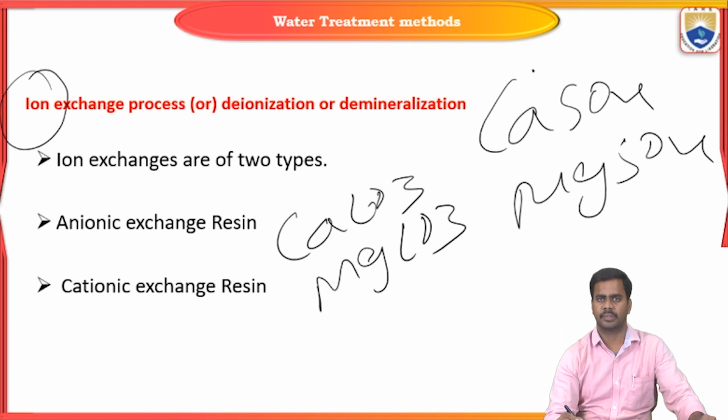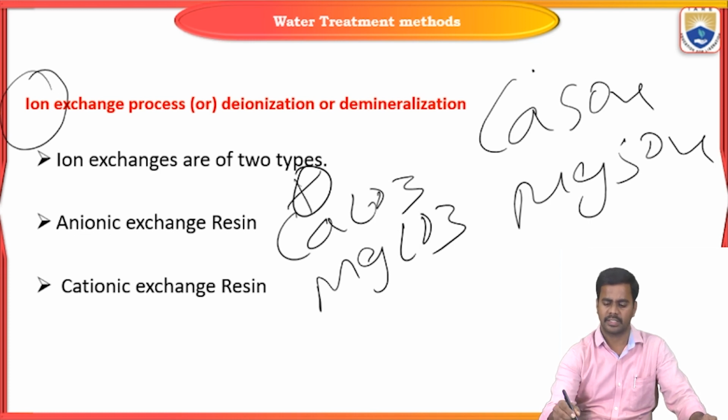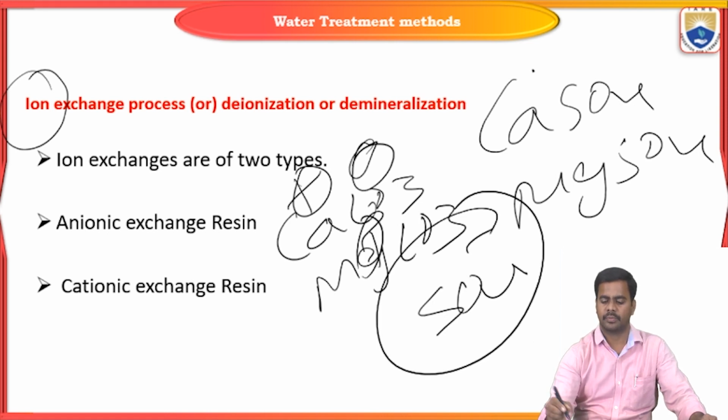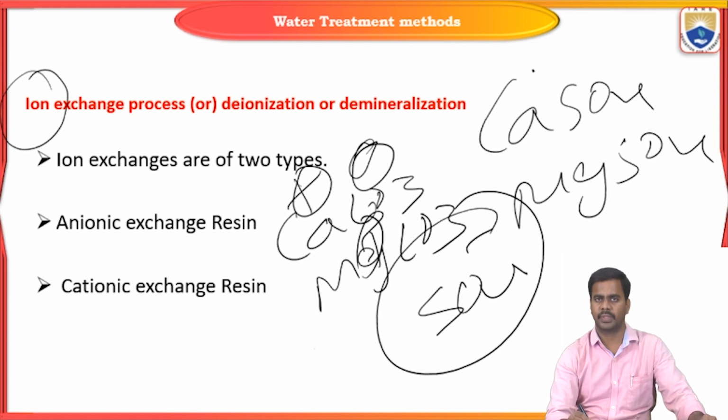Here we are going to remove ions like Ca2+, Mg2+, CO3 2-, SO4 2-. If an ion carries a positive charge, it is a cation, and if it carries a negative charge, it is an anion.